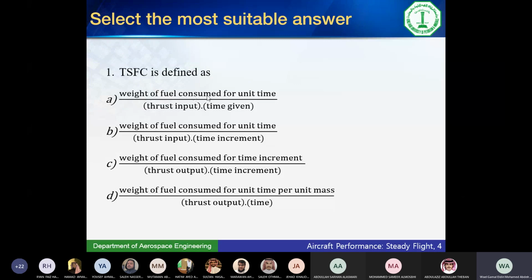Is it the weight of fuel consumed per unit time, thrust input per unit time given, or weight of fuel consumed divided by thrust input? Very confusing. They all seem the same, so you have to identify what the differences are. In order to do this, you need to memorize or remember the equation because it's a definition of what thrust specific fuel consumption is. So let's see if someone can give a try.